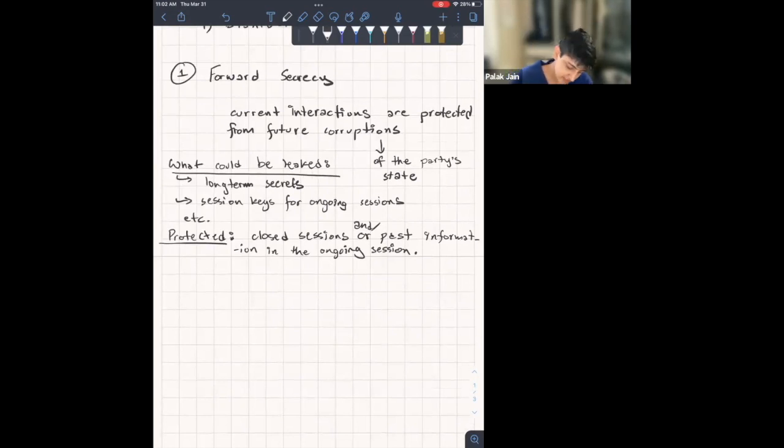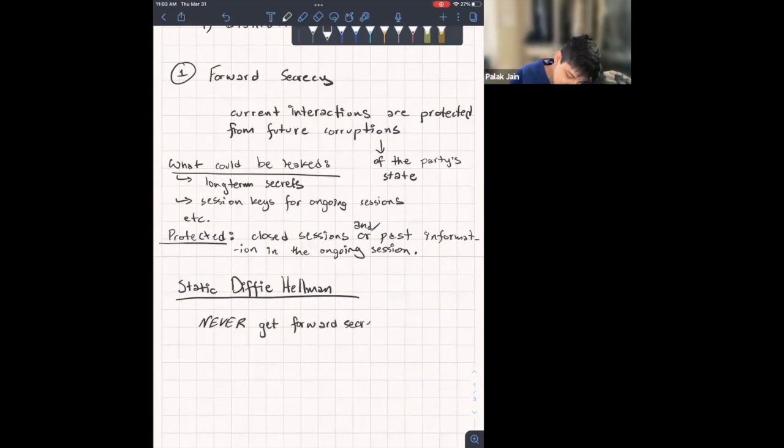So what happens in static Diffie-Hellman? In static Diffie-Hellman, we never get forward secrecy, right? Why do we never get forward secrecy? Precisely because the long-term key of the party is stored in its state forever, right?